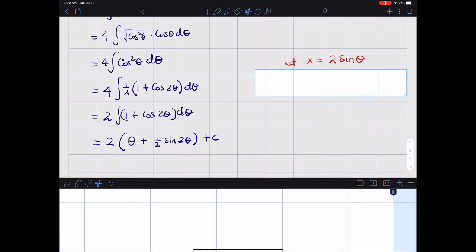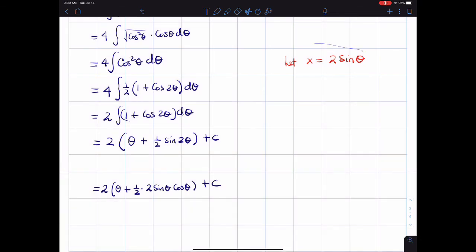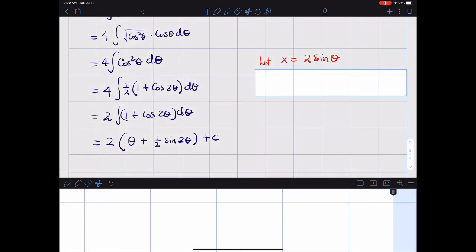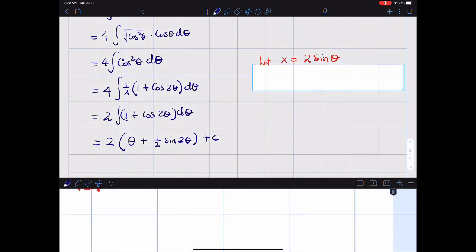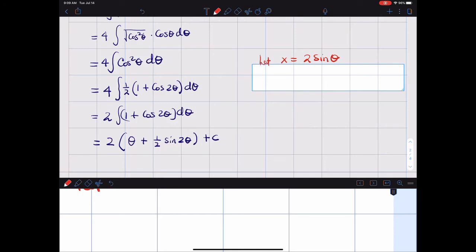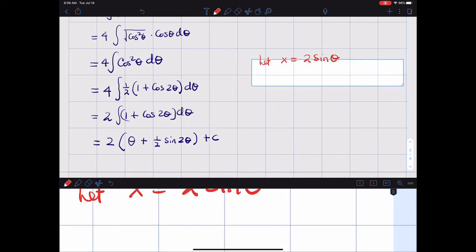theta to x. So if x is equal to 2 sine theta, this means that sine theta is equal to x over 2.